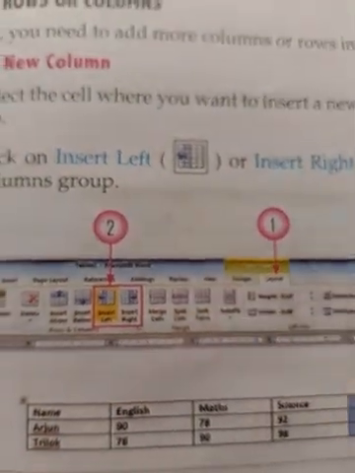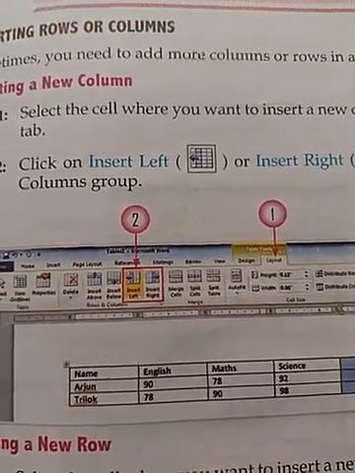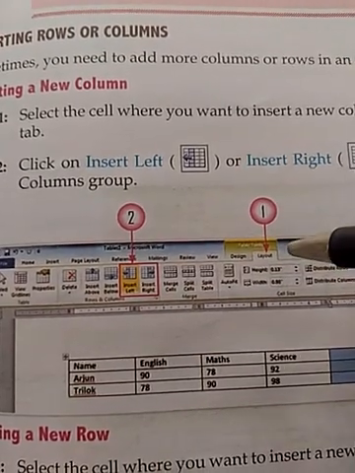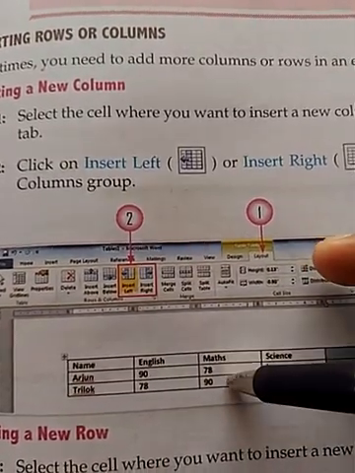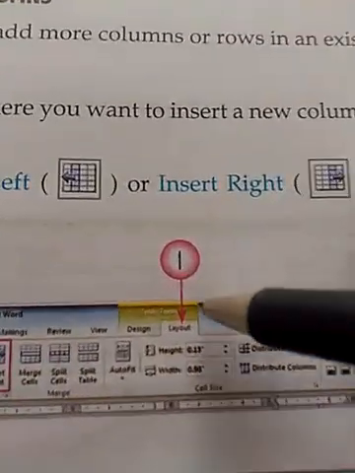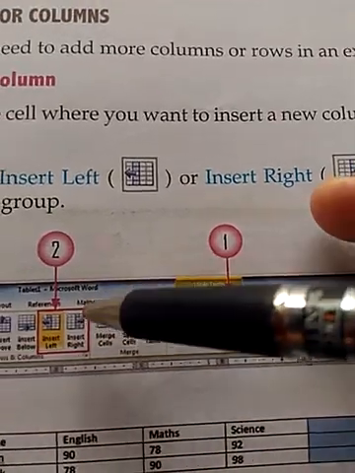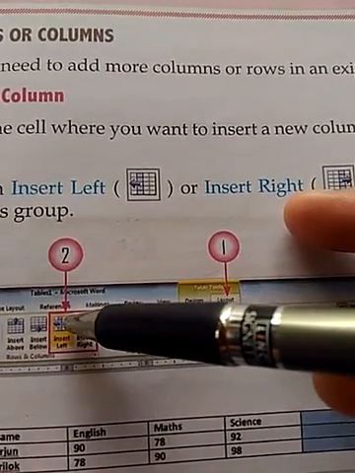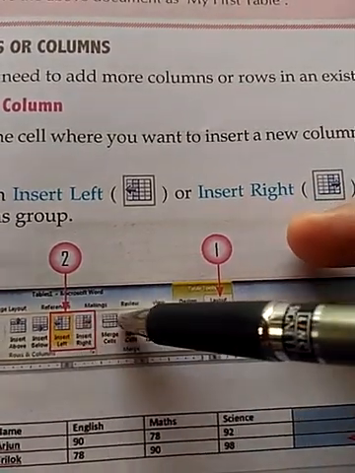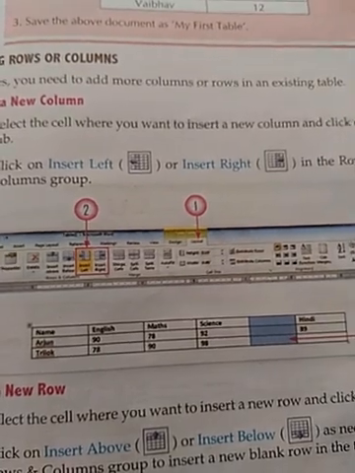If anybody asks how you can insert a new column in a table, you can say that we select the column where we want to insert the new column, then click on the Layout tab. On the Layout tab, you will find the options Insert Left and Insert Right. Select the option which you want. After that, a new column will be inserted.